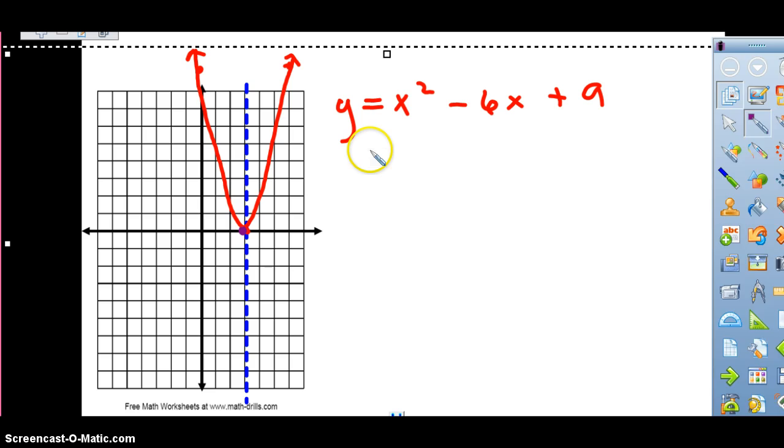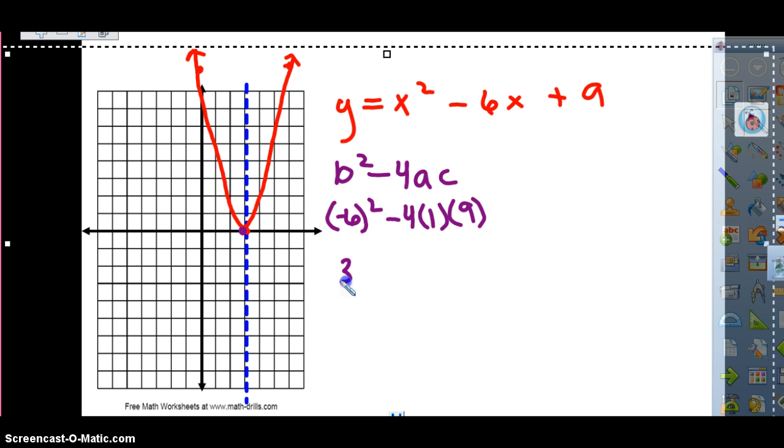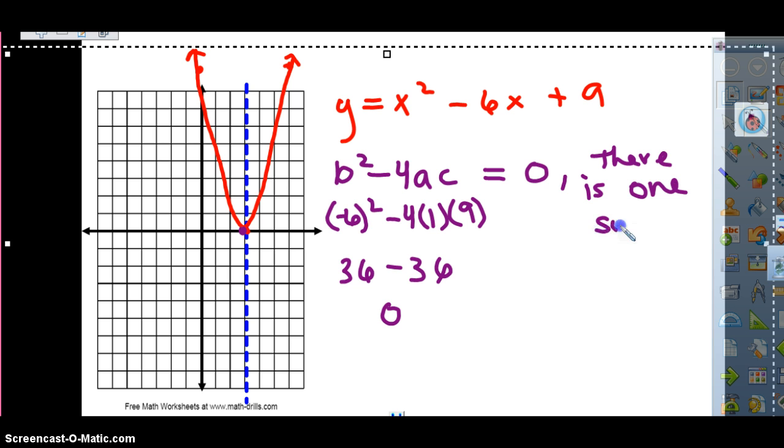If we use the discriminant, b squared minus 4ac, we find negative 6 squared minus 4 times a times c, 36 minus 36 equals 0. When the discriminant is equal to 0, there is one solution.